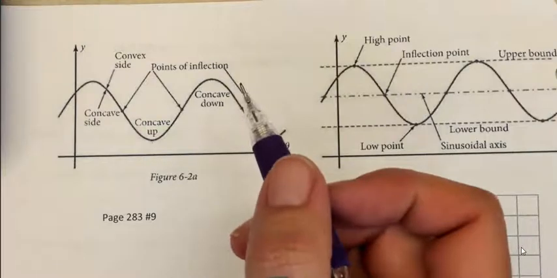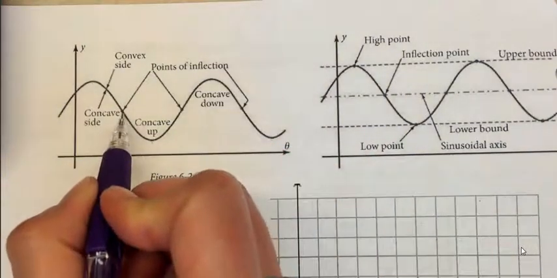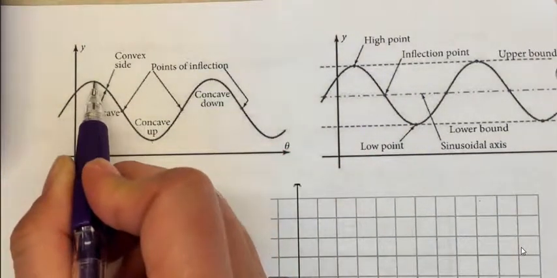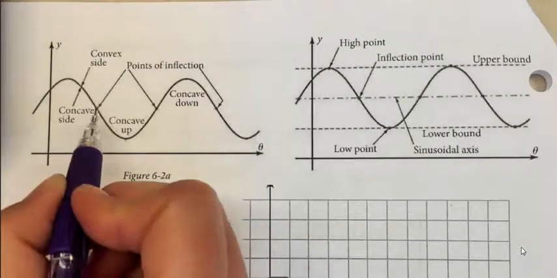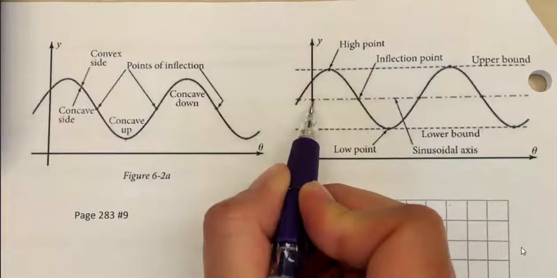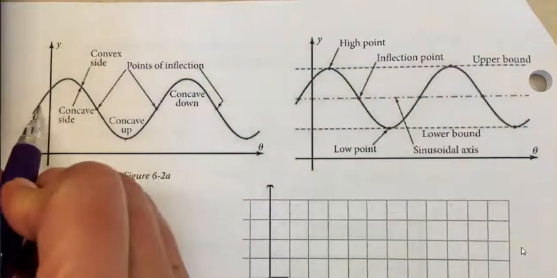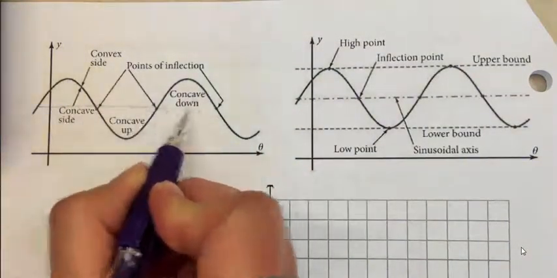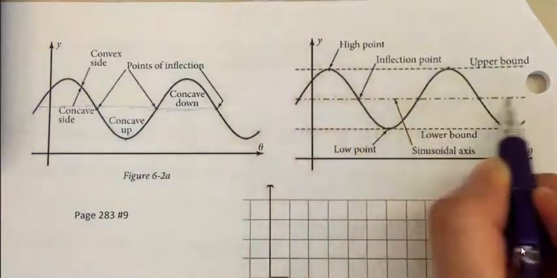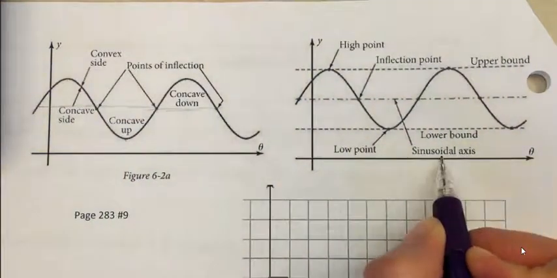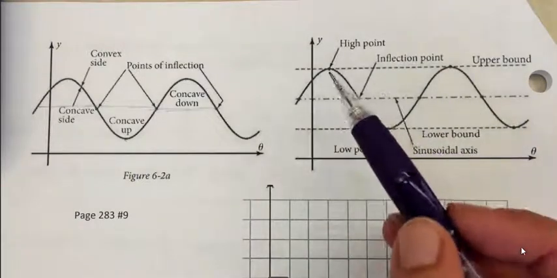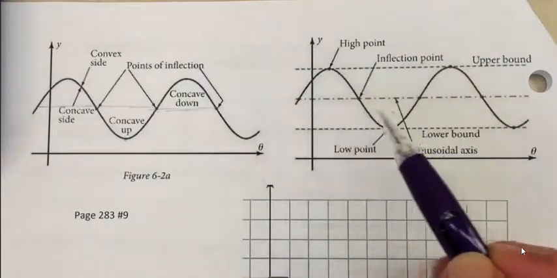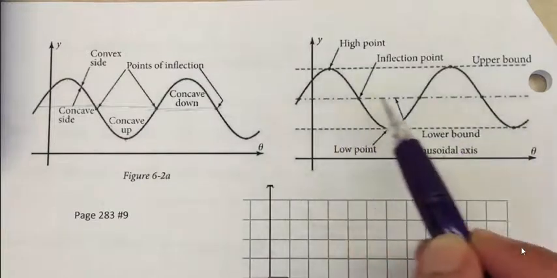What you're going to notice about these points of inflection is that they're halfway between the max and the min. So they must be on that midline, right? You can think of those points of inflection on that midline, drawn right here on the sinusoidal axis. The midline is constant, hitting it right in the middle.